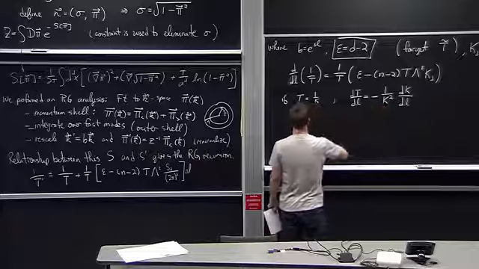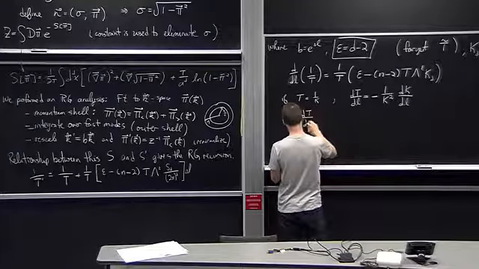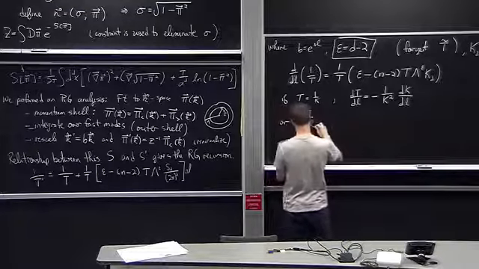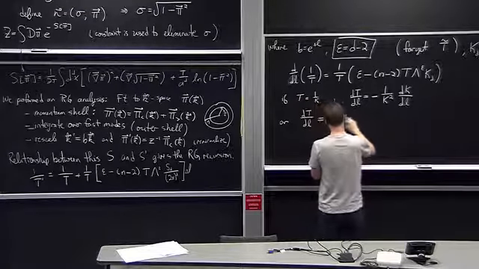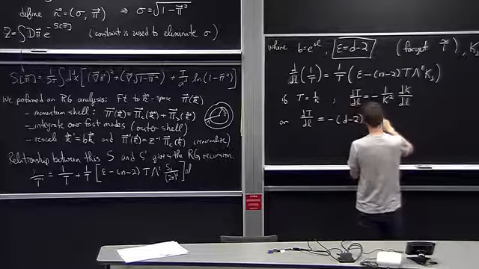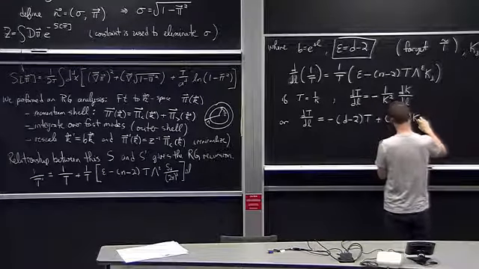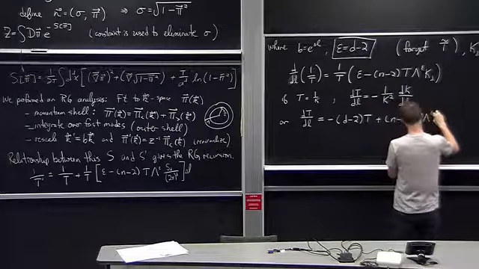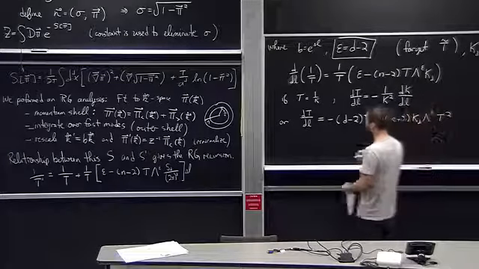So if I move this over, I should be able to write this as epsilon. Now I have changed the sign, so it's plus n minus 2 cutoff t squared. So it should be t and t squared, right? Okay.